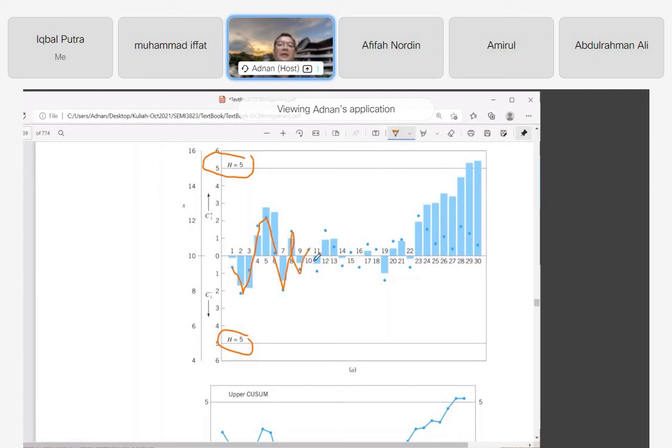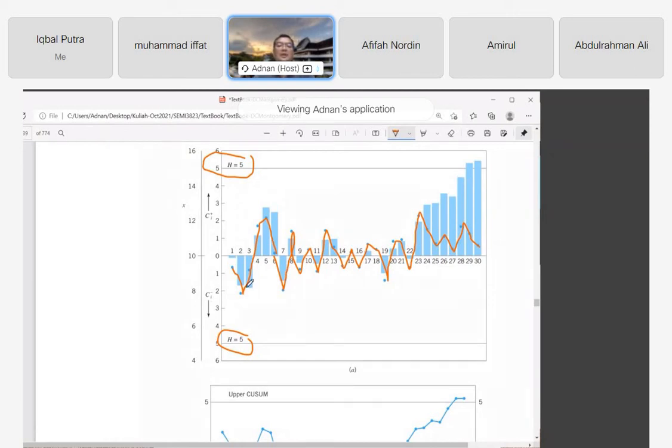If you see the raw data, if we connect this on a Shewhart control chart, it doesn't show anything. It doesn't show the process is having a problem. So this is the danger. Even here, after the shifting, it is still showing in control.